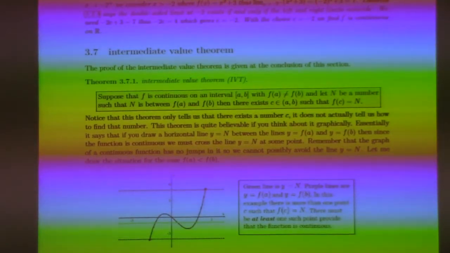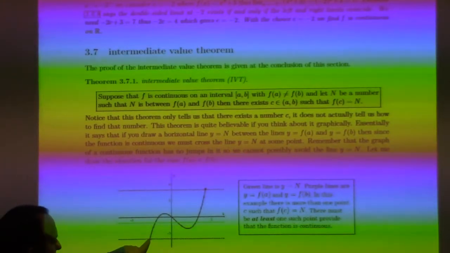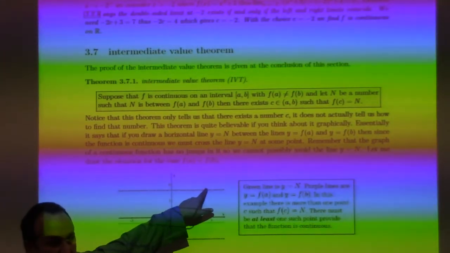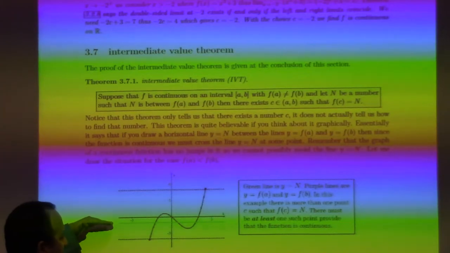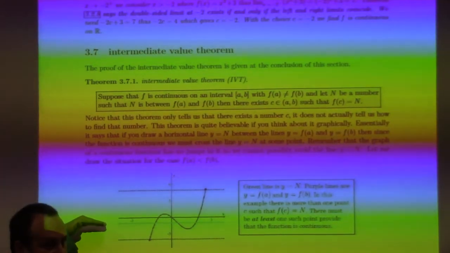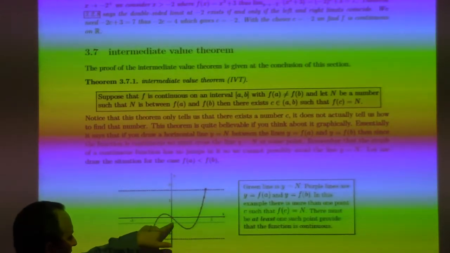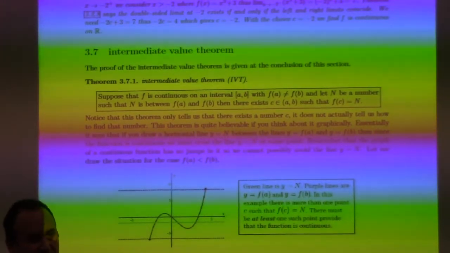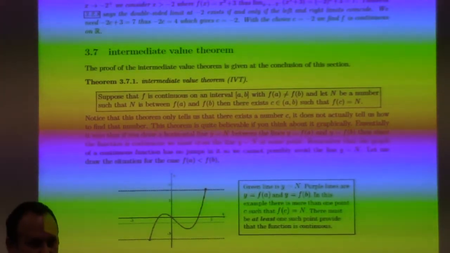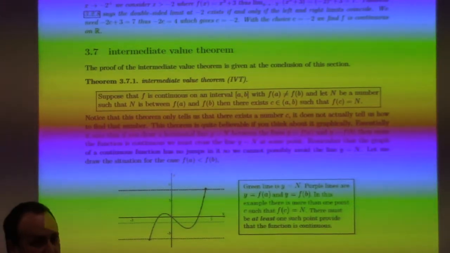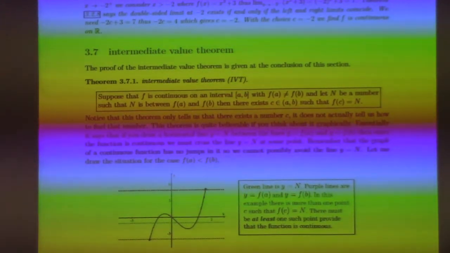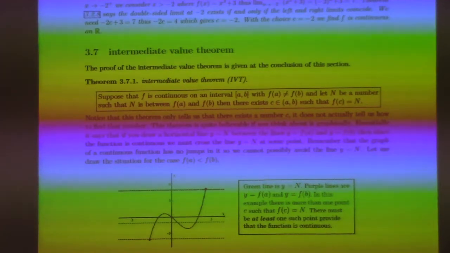Here's a picture: here's f of a, here's f of b, and n I've drawn as the green dotted line. For this function, there's not just one c. In fact, there are 3 choices for c to make f of c equal to that n. There's at least one, though, is what the intermediate value theorem says.